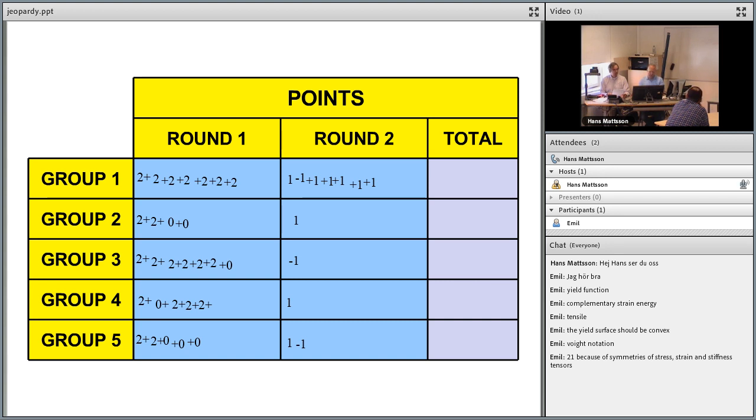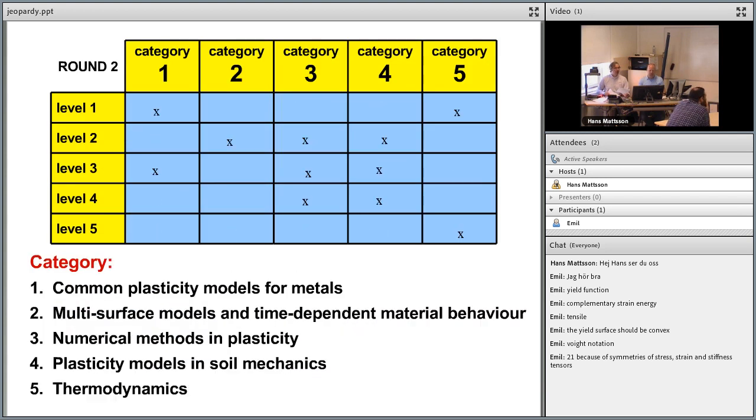And maybe we can do it under both drained and undrained conditions. Correct. Very good. Group 4, choose a question.